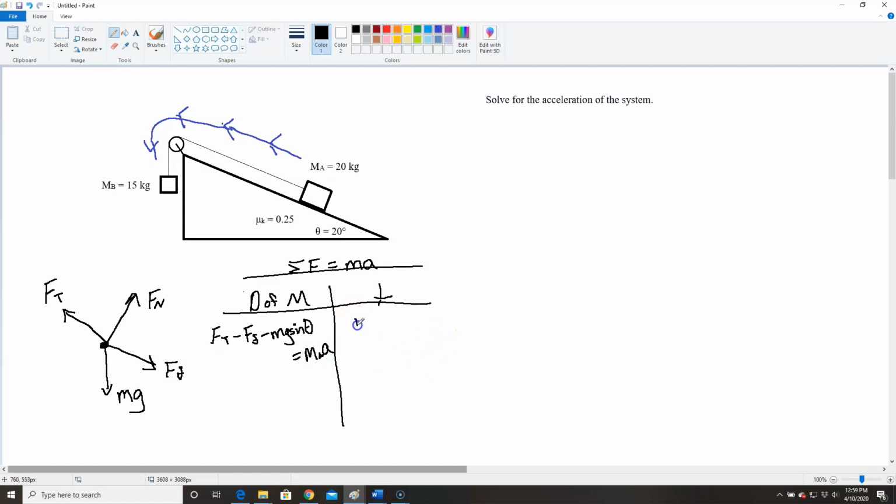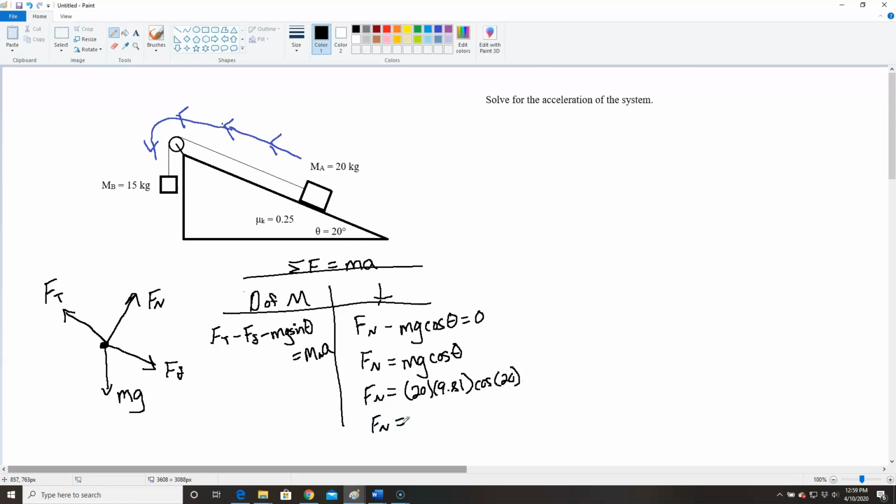In the perpendicular direction, it will be normal force minus mg cosine theta equals 0. So the normal force equals mg cosine theta. We'll plug in the 20, the 9.81, and the cosine of 20 degrees, and we can directly solve for the normal force.